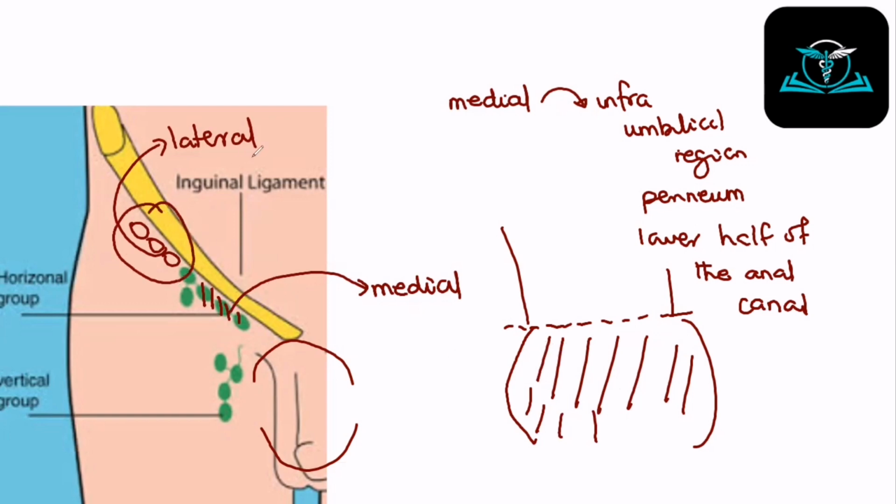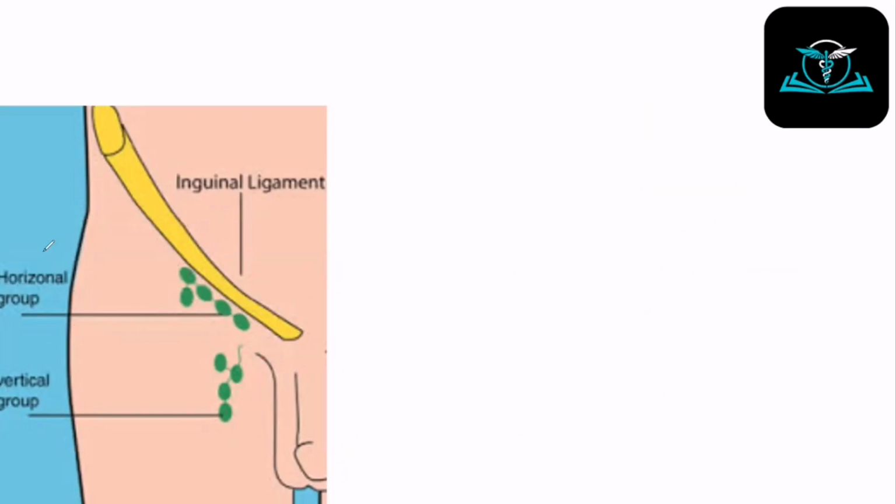So the medial group will drain the anterior abdominal wall below the umbilicus, the perineum, and the lower half of the anal canal, while the lateral group will take care of the back. Then the vertical group would drain the legs, except for the portion of the leg that is drained by the popliteal lymph node. These are the various lymph nodes and the parts of the body they drain.